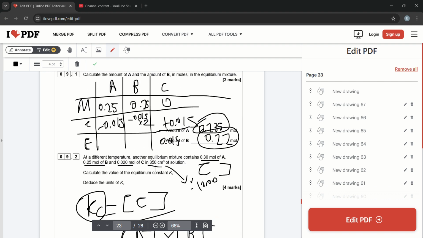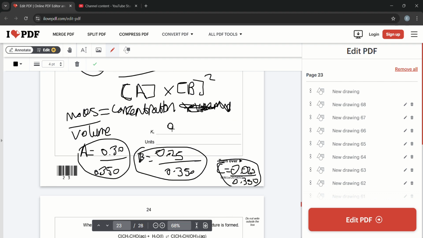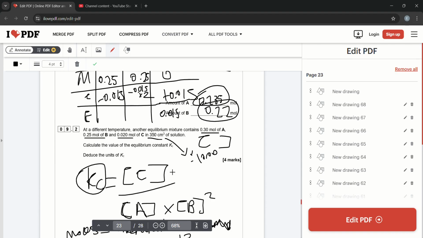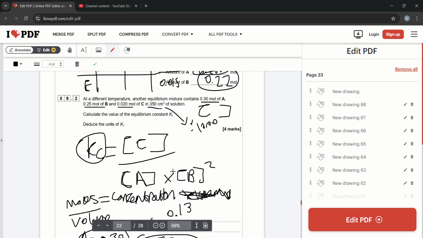What does it want it to? 0.13. And then the units, that's going to be pretty hard to work out. We know we're working with mol per dm minus cubed, so we've got mol per dm minus cubed over mol per dm minus cubed to the power 3, because it's 2 and that's 1.